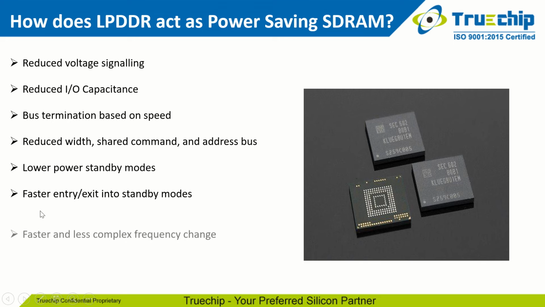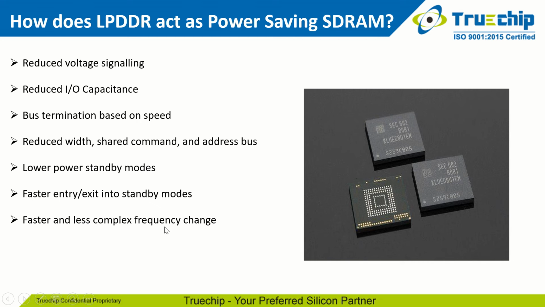Power saving can also be achieved by faster and less complex frequency change operation, also called the FSP change procedure, which changes voltage swings and termination values without ever being in an untrained state, which could result in loss of communication to the DRAMs. Frequency set points allow the LPDDR SDRAM CA bus to switch between two different operating frequencies.